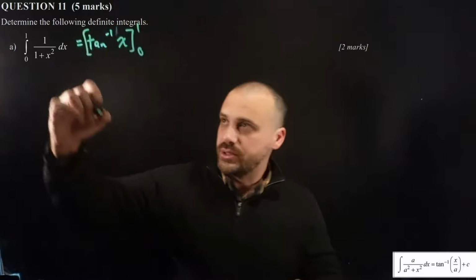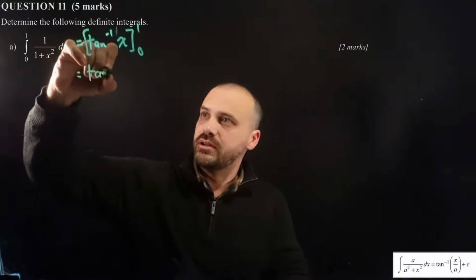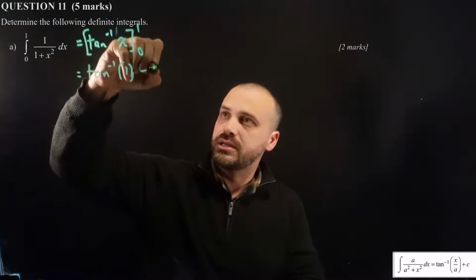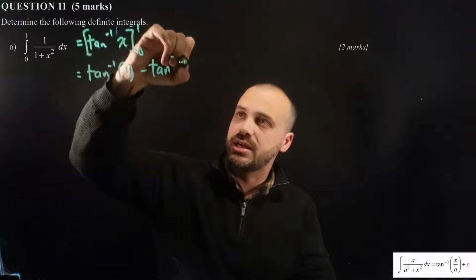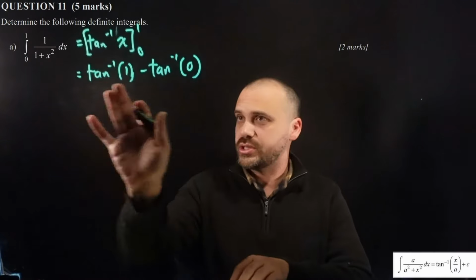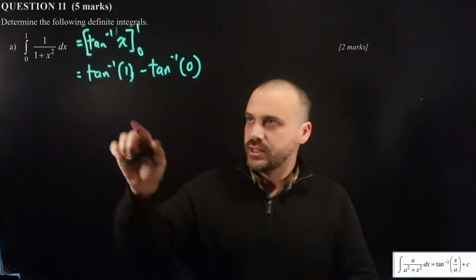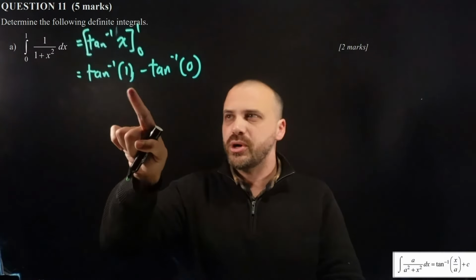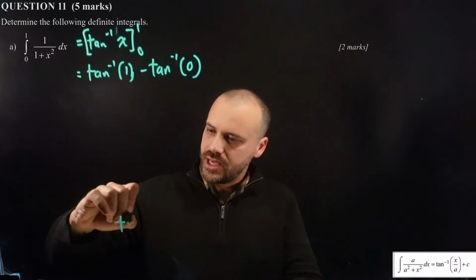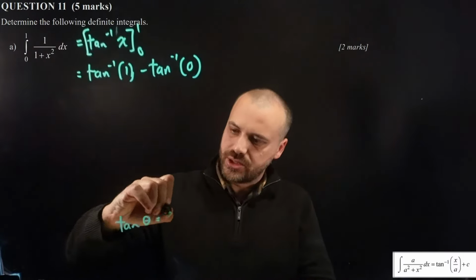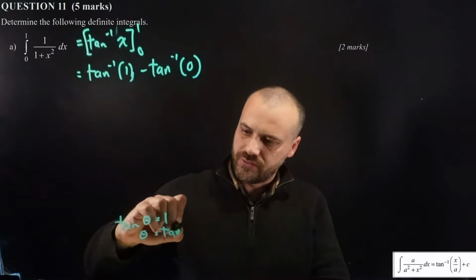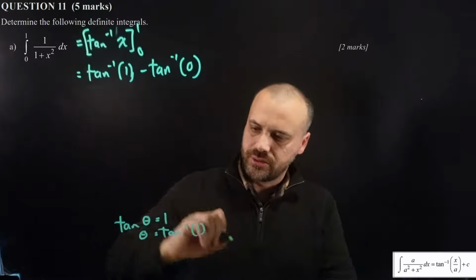So now we just need to sub in 1 and 0: inverse tan of 1 minus inverse tan of 0, and now we just need to solve these two values. So inverse tan 1, you might not be used to playing with this too much, but just have a little think about it. Tan theta equals 1, theta equals inverse tan 1.